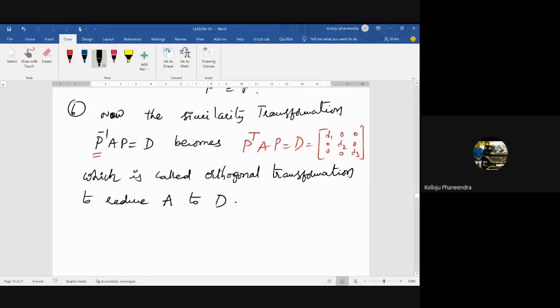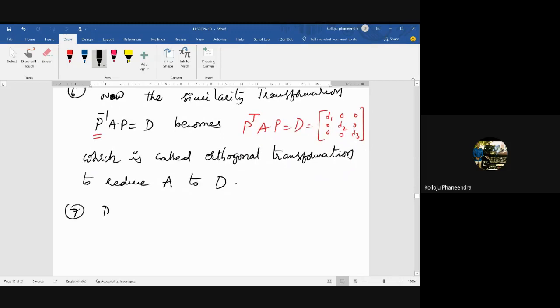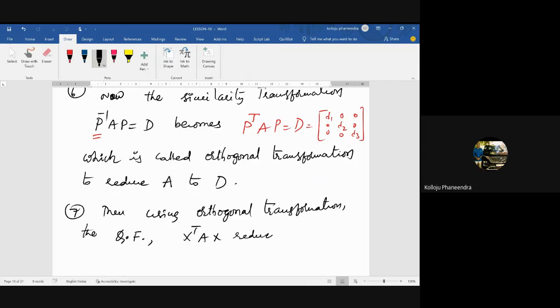This part is over. Next, the seventh step. Using the orthogonal transformation, the quadratic form X transpose AX reduces to X transpose DX.